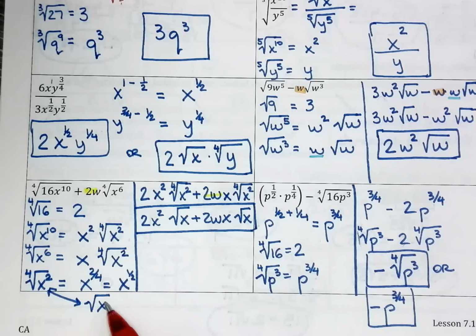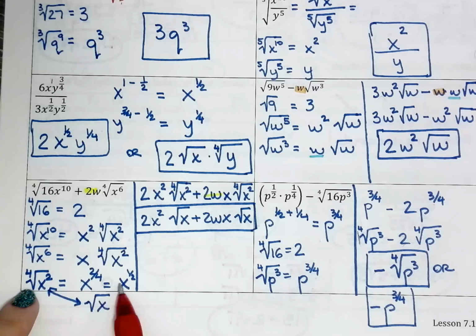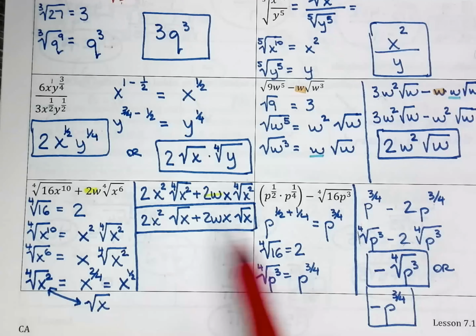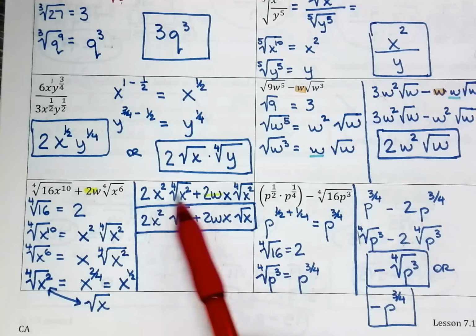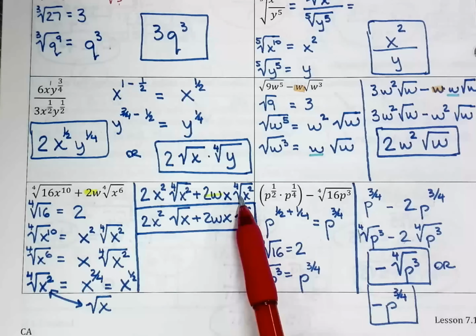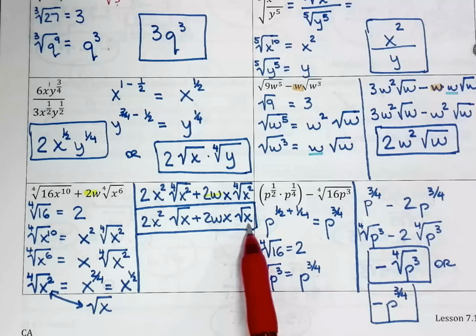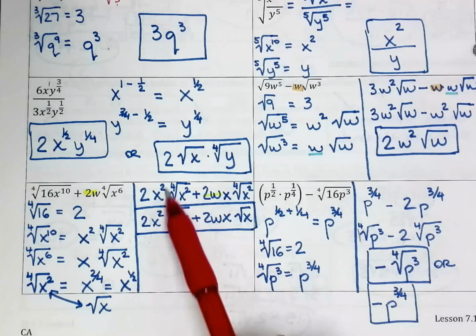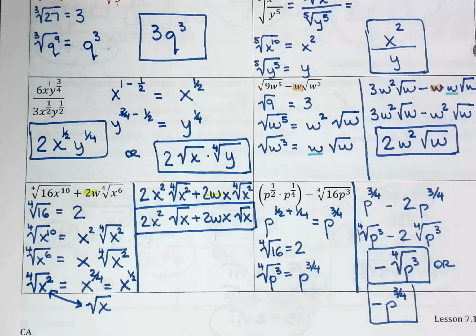Then I can switch back to the radical form, where 1 is the exponent, an invisible 1 right there, and 2 is the index. Because the default is 2, I don't have to write it. That's the whole thought process of how you simplify this one down to this. This answer right here is not wrong, but it's not fully simplified. This answer is fully simplified when you go the extra step to simplify the fourth root of x squared.